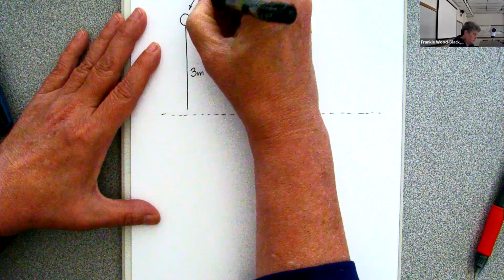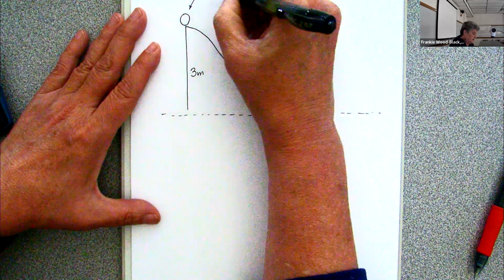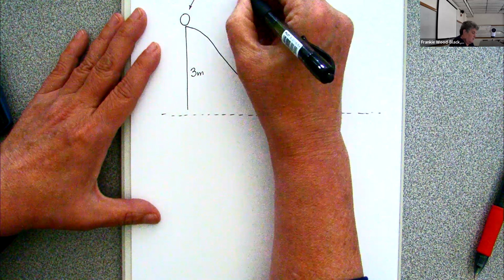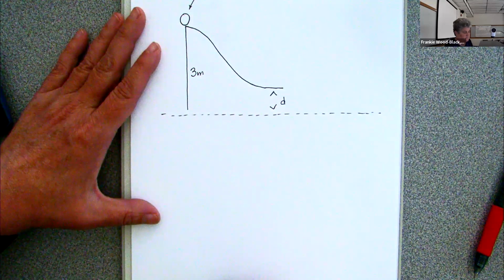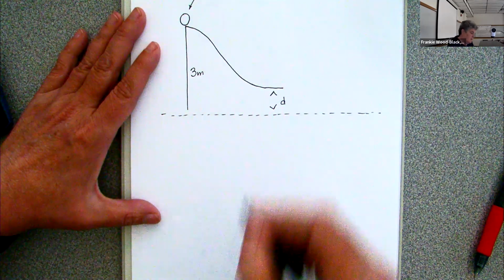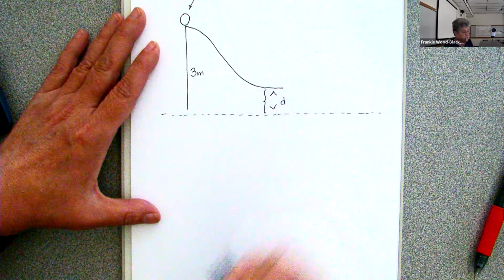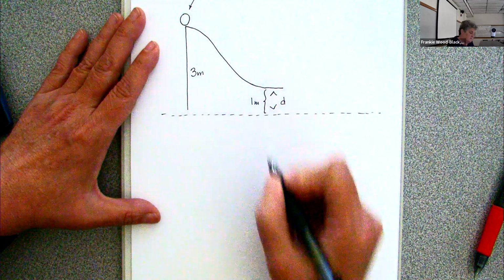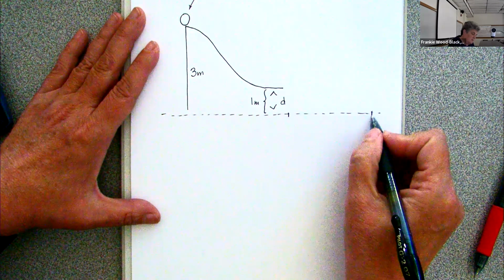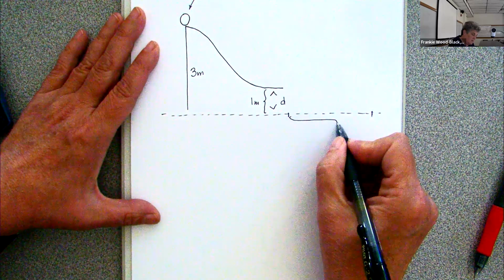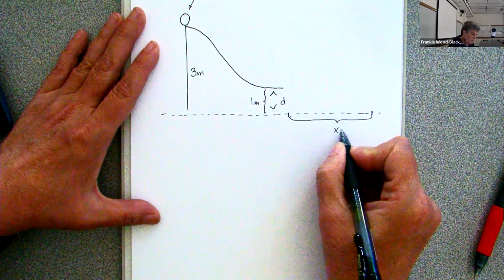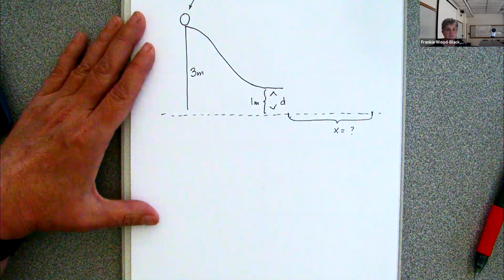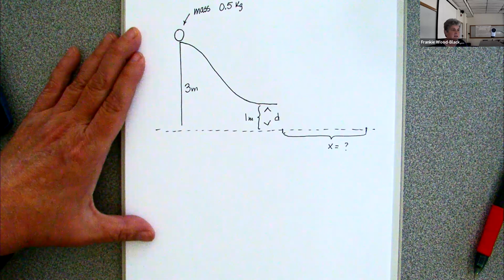We're going to give it a mass of 0.5 kilograms. All right. We're going to say this distance here is going to be 1 meter. We want to know how far the ball is going to travel at the end of the table.